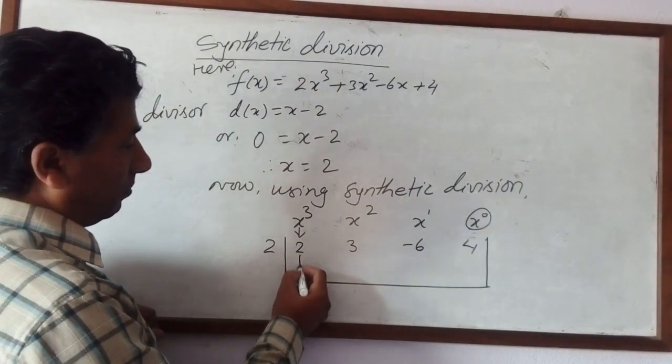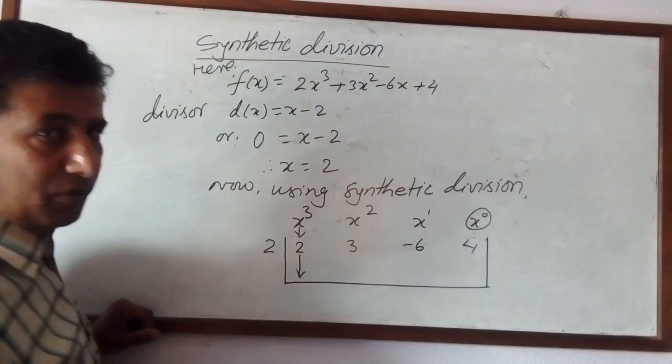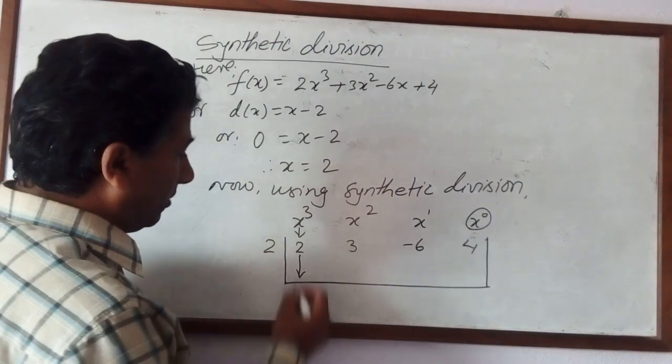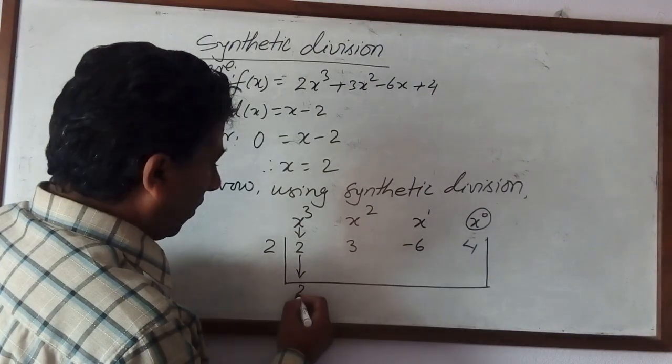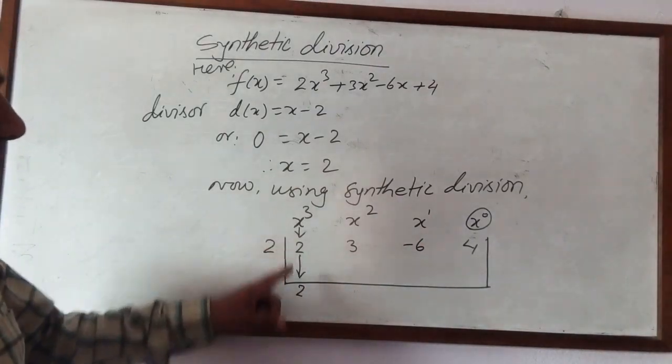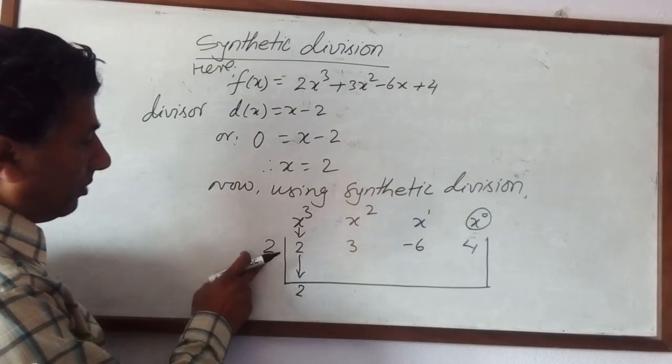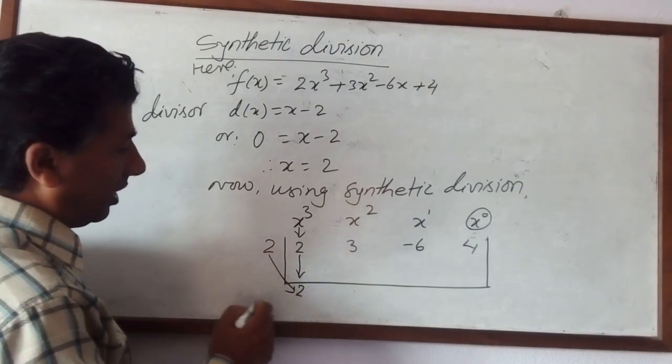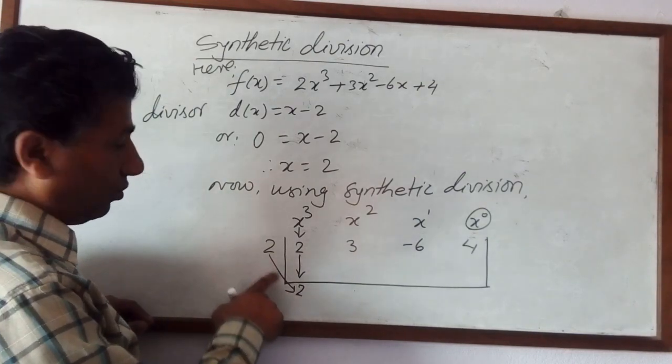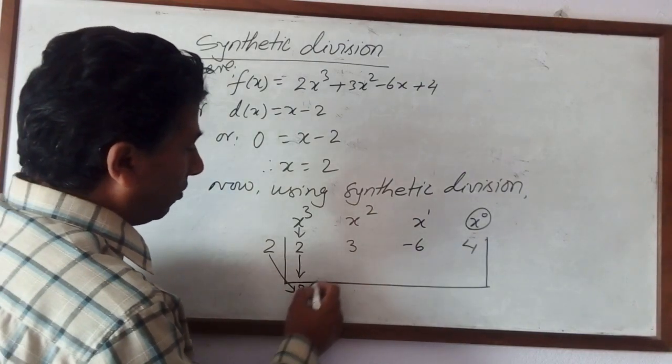First step: without multiplication or any change, write this 2 here. Now multiply this 2 and 2: 2 times 2 is 4, and it goes here.